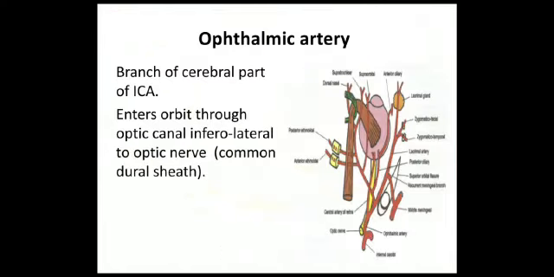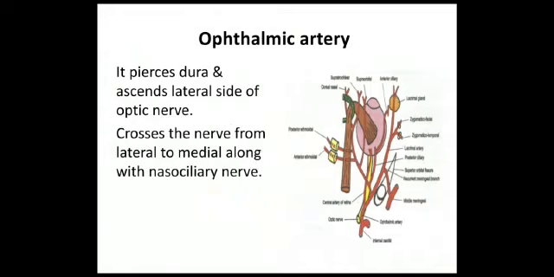So, next coming to the ophthalmic artery, it's a branch of the cerebral part of internal carotid artery. This artery enters the orbit through the optic canal, inferolateral to the optic nerve, in a common dural sheath. It pierces the dura and ascends lateral side of the optic nerve.